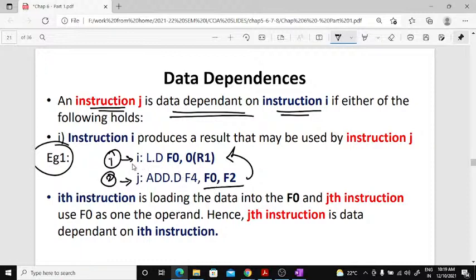Okay, actually here this is a different type of processor instruction. Here the load instruction is there, and here it is an add instruction, add dot D. It is a different processor instruction.